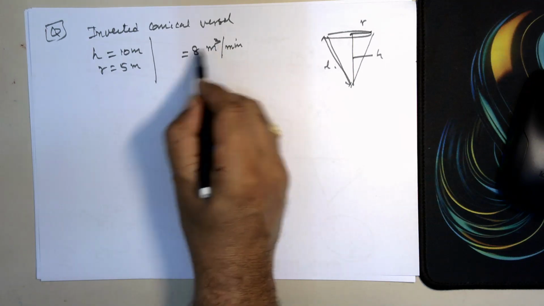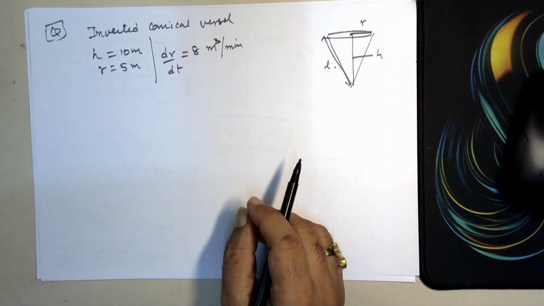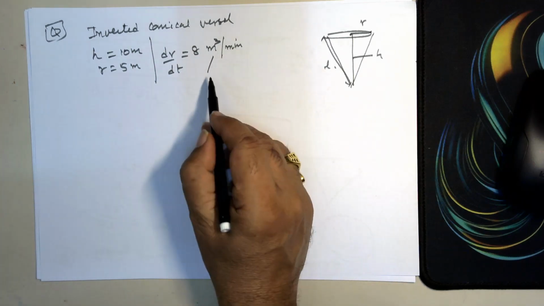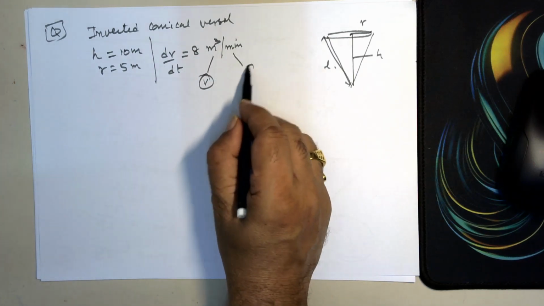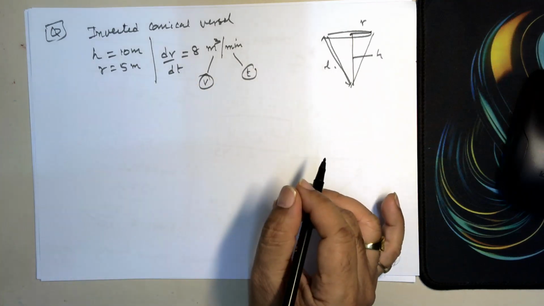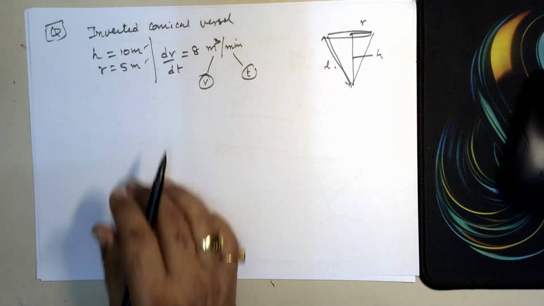So this describes the change of volume, dV by dt. Here it is given in meter cube. This represents the volume. This represents the time. So you have to be very careful about this.